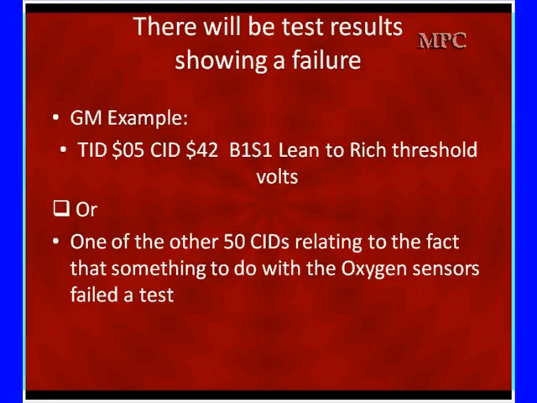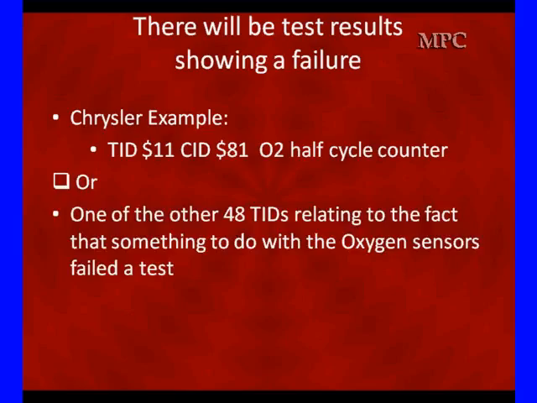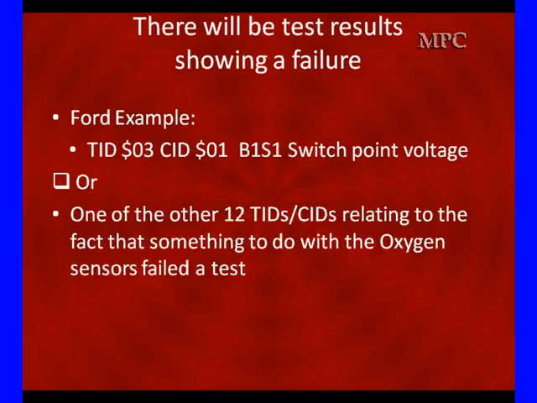Now, if we had a Chrysler instead of a GM, in that case we would have a TID 11, SID 81, the O2 half cycle counter, or one of the other 48 TIDs relating to it. Ford, TID 3, SID 01, B1S1 switch point voltage, or one of the other 12 TIDs and SIDs related to the oxygen sensor failed to test.